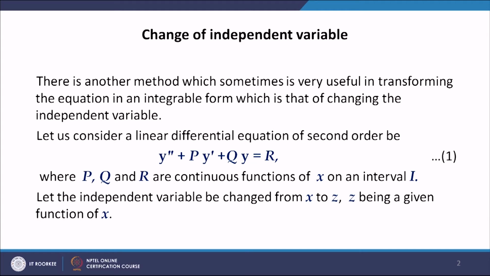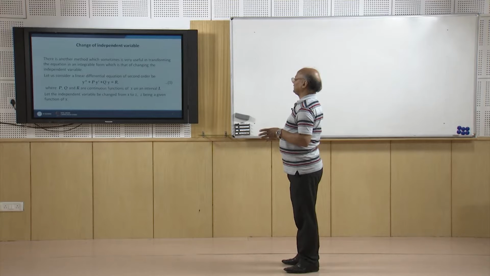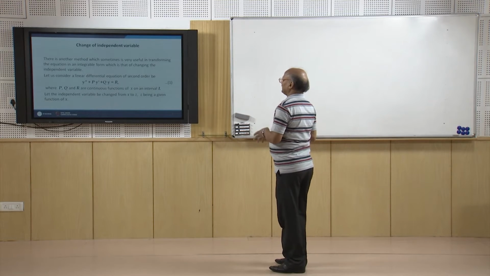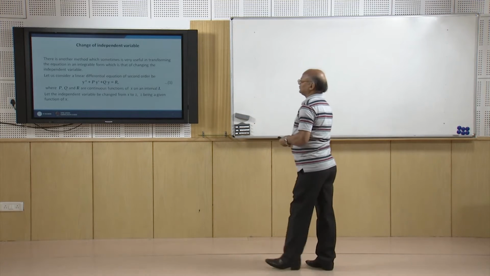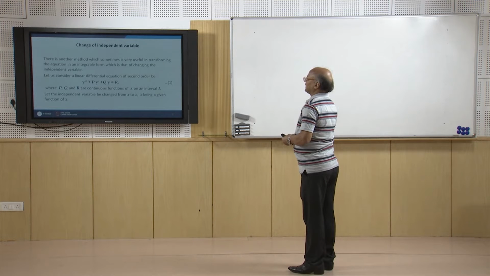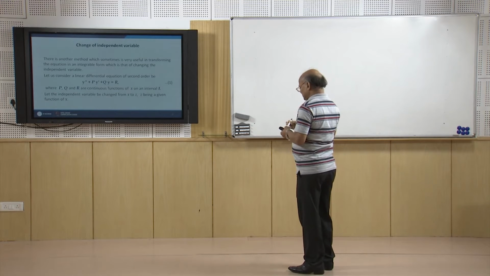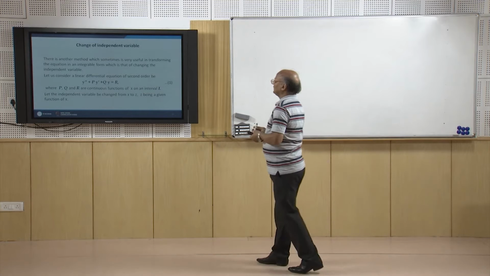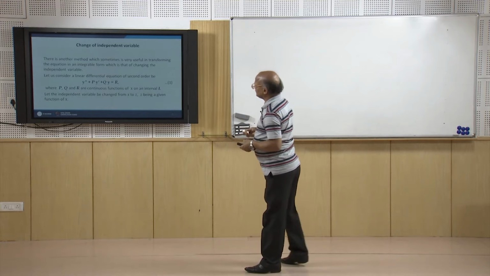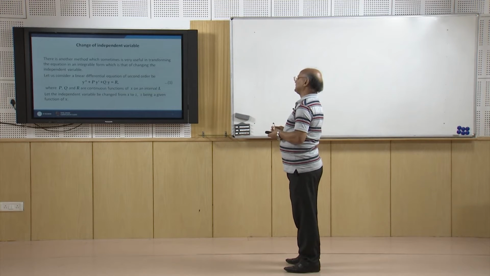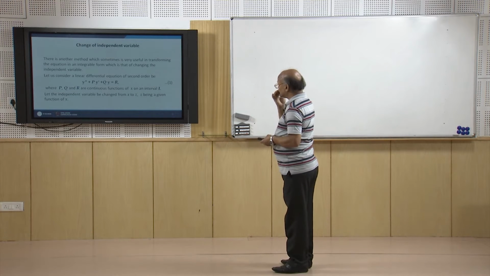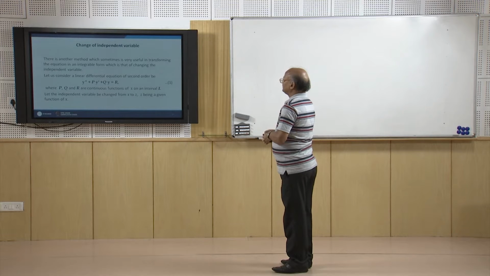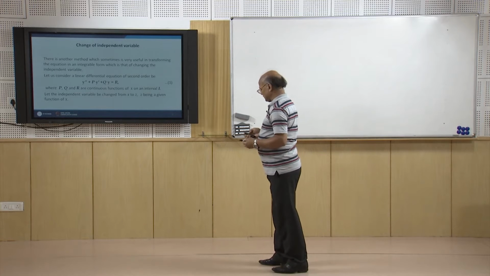The relationship between x and z will be found from the fact that the changed equation becomes readily integrable. So once we have that aim in mind, from there we shall be able to derive the relationship between x and z. So let us see what we do.